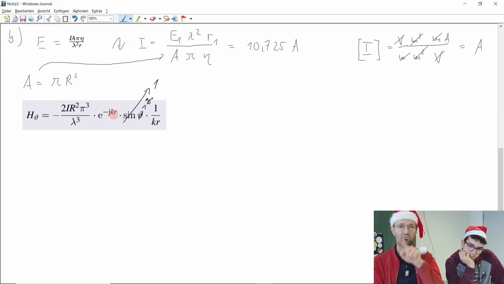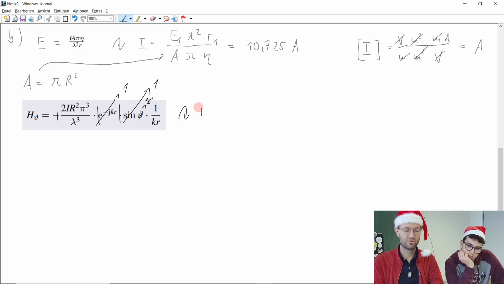E to the power of jkr is just some rotating phasor in the unit circle. If we take the magnitude of this, let's say, then everything will be also 1. And we can also neglect the sign here because we don't take care about the sign.